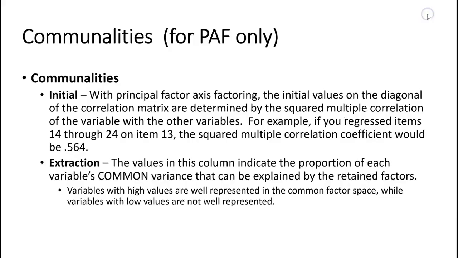So the starting or initial communality is how much shared variability there is for that specific item. Communalities are at the item level. And that's before things are factored. And then after factoring, you get an extraction communality, which is the proportion of each variable's common variance that was explained by the retained factors. So you want the communalities to be high.